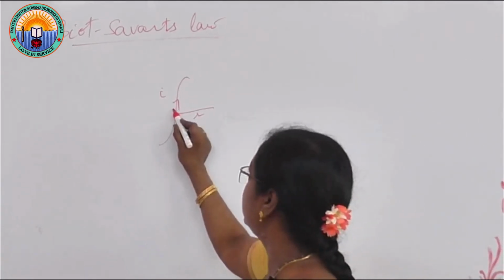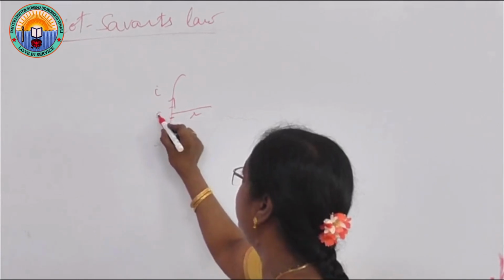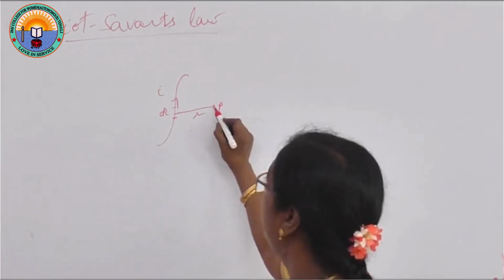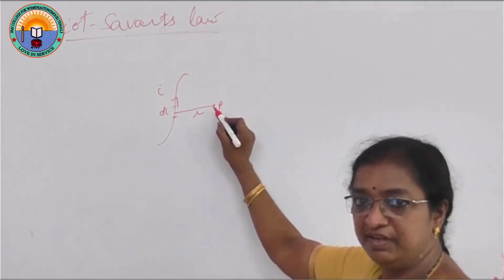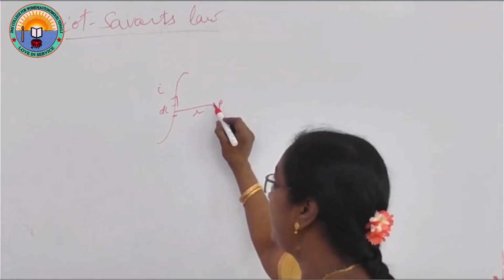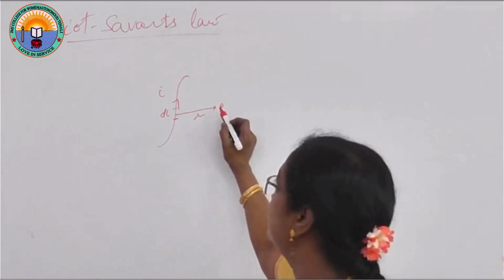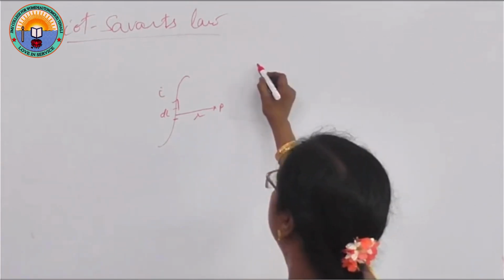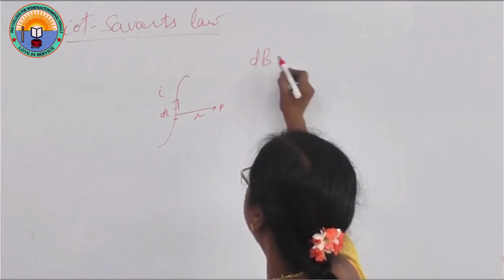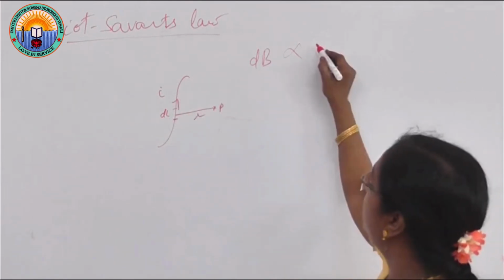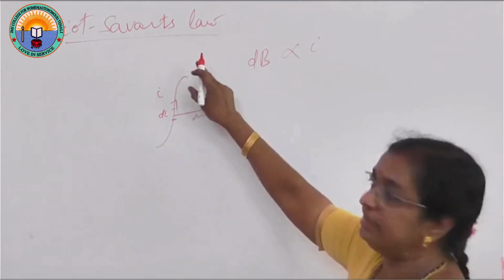Here we consider a small element of length dl. This is point P. At the point P, we have to find the magnetic induction. The magnetic induction at point P depends on the following factors. The magnetic induction dB is directly proportional to the current I passing through the conductor.